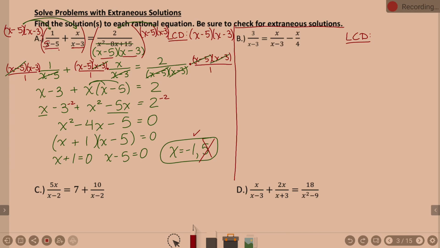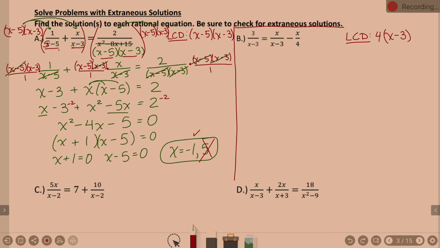If you're not sure, I'm going to take you through the questions of what's in common. So there's x minus 3 in 2 places, yes? Any other leftovers? So my least common denominator is 4 times x minus 3, or x minus 3 times 4.